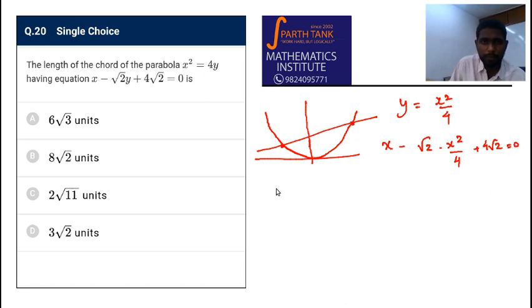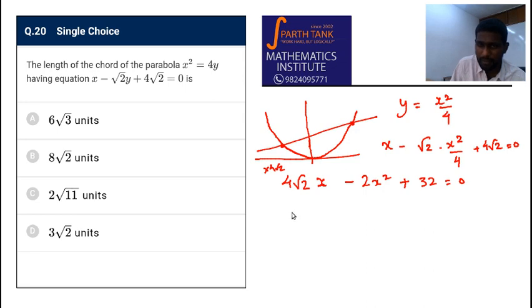Now, if I multiply the whole thing by root 2, just simplify a little bit: 4 root 2 x minus 4 root 2 into root 2, 4 and 4 get cancelled and you get 2x squared, and 4 root 2 into 4 root 2 becomes 16 into 2, 32, is 0.